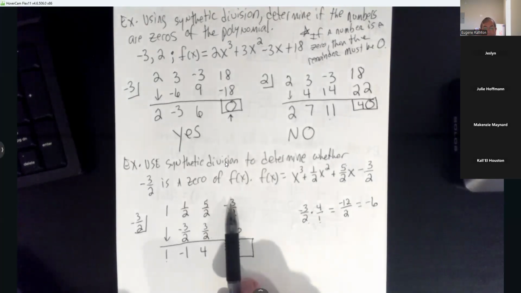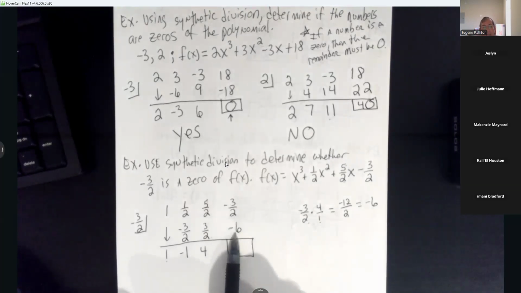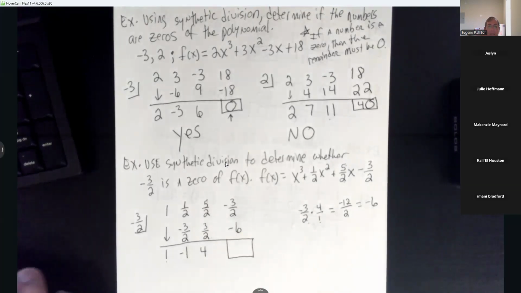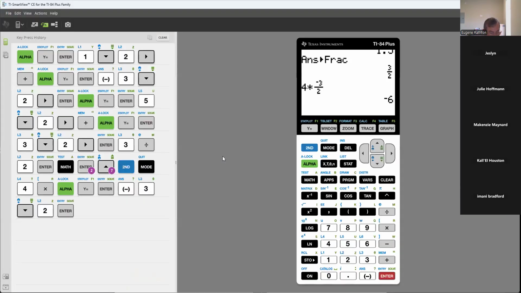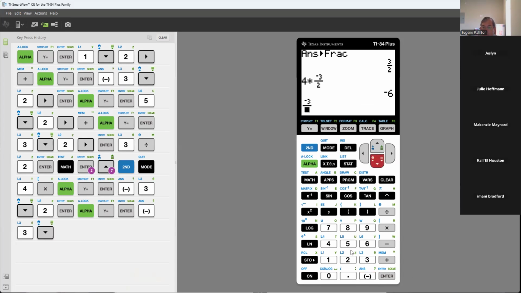So now you're adding a negative 3 halves and a negative 6. So let's knock that out on the calculator. All right, y'all, so what I had was a negative 3 halves, so I'll make that look like a fraction again. And then that was plus a negative 6. So let's see what that gives us.